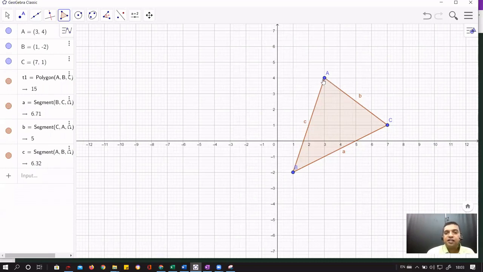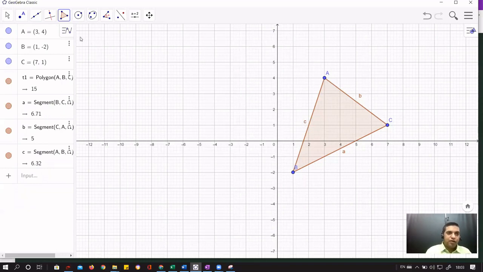Now you see this, the length of side BC, which is opposite to vertex A, is denoted by small a. The length of AC, which is opposite to B, is denoted by small b. The length of AB, which is opposite to vertex C, is denoted by small c. So opposite to vertex A, the side is small a. Opposite to vertex B, the side is small b. Opposite to vertex C, side is small c.